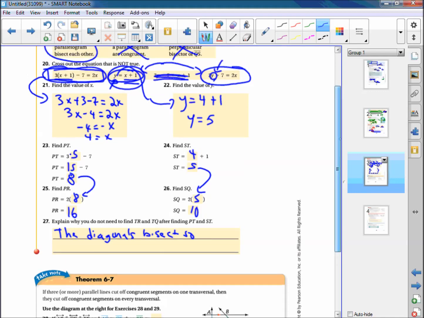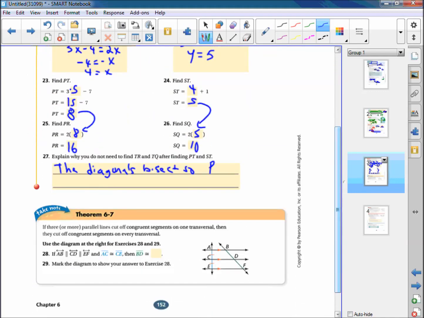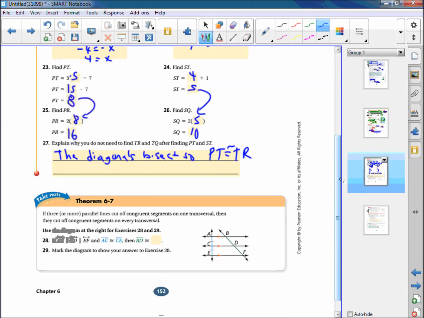PT should be congruent to TR, and ST should be congruent to TQ. So I only need to find one of them.